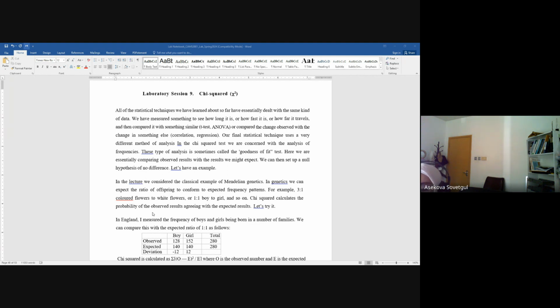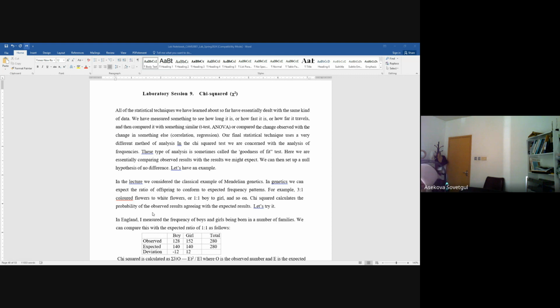We are making statistical sense of these observed and expected values. How do they coexist with each other? How do they agree with each other? In economics departments, for example, they do some kind of questionnaire test, and in most cases they do this.